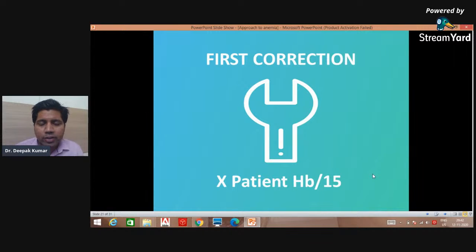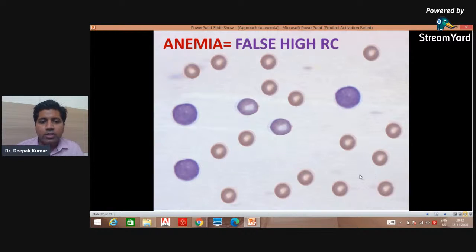Is there any other correction that we need to make? Yes. So let's look at this again. Anemia is there, so the cells have decreased, and this time you can see instead of 2, the marrow has responded. There are more number of cells with chromatin material, so the marrow is responding. Now you can see why false values will be there. In the beginning I told you that for the reticulocyte to mature into RBCs, it takes 1 day.